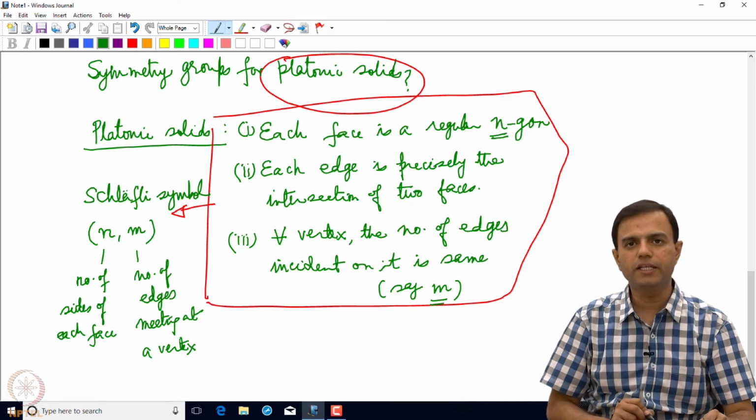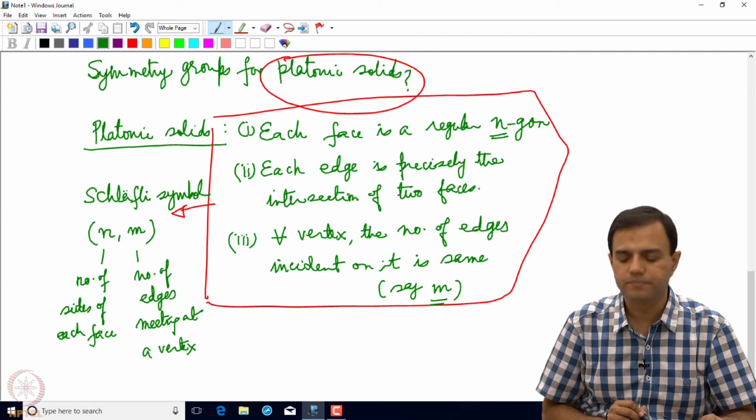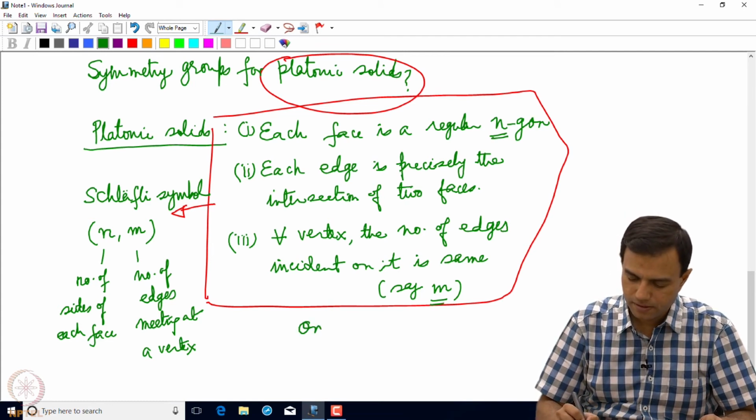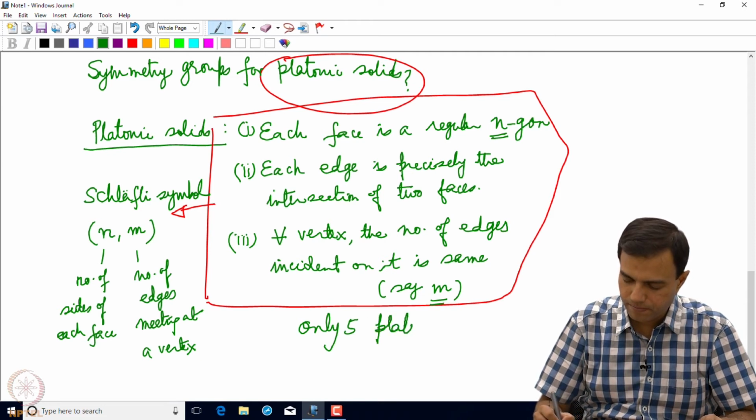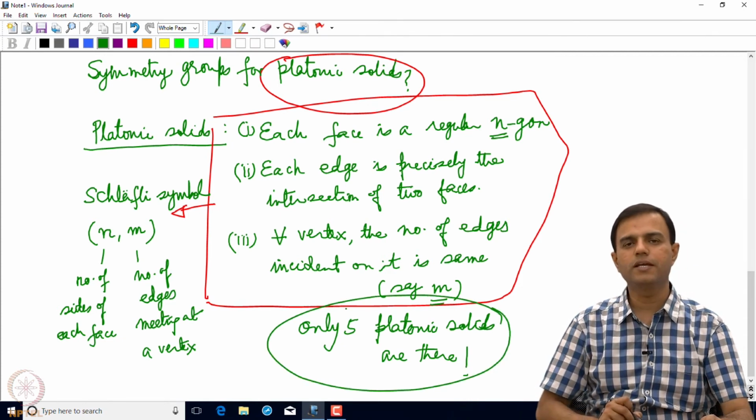And here is a very interesting thing. How many Platonic solids are there? Only 5. That's quite interesting statement.